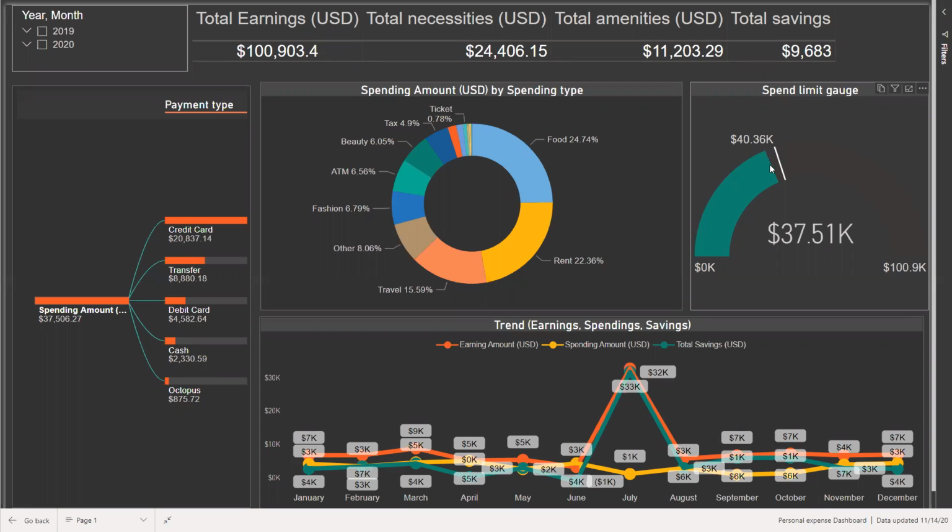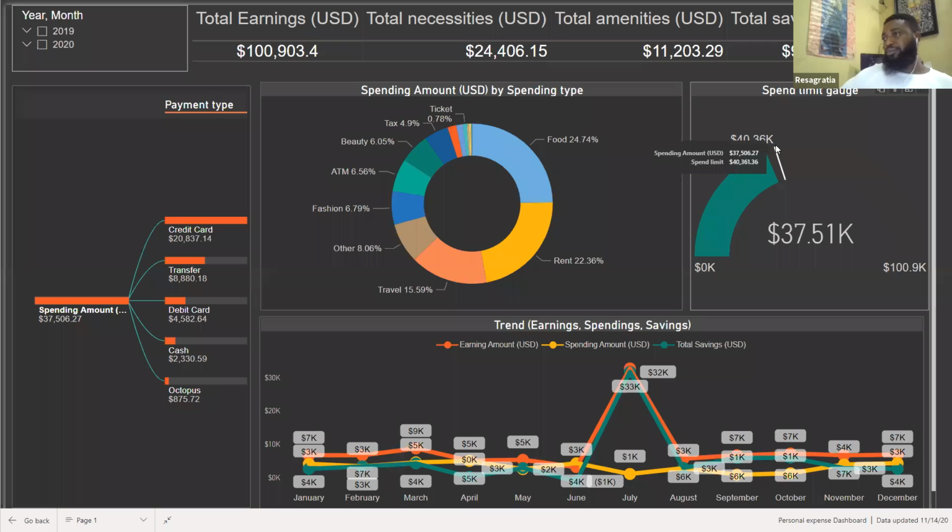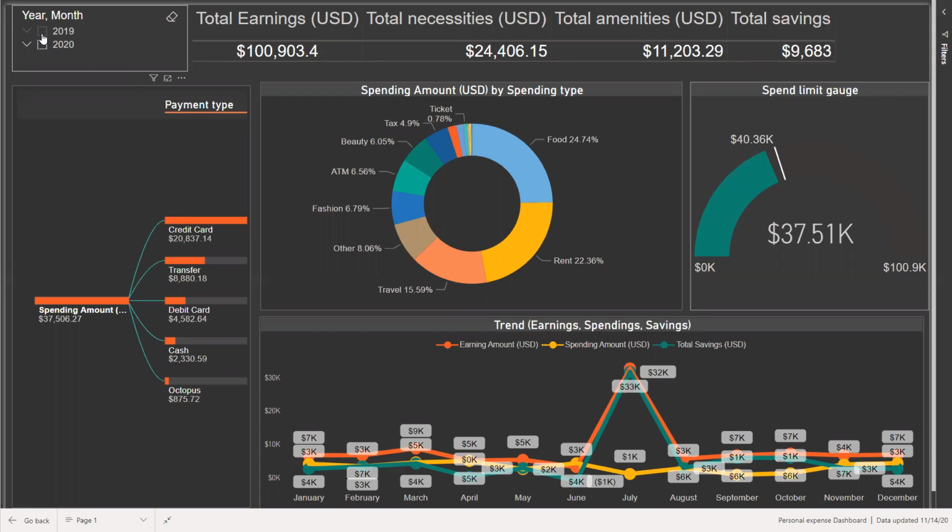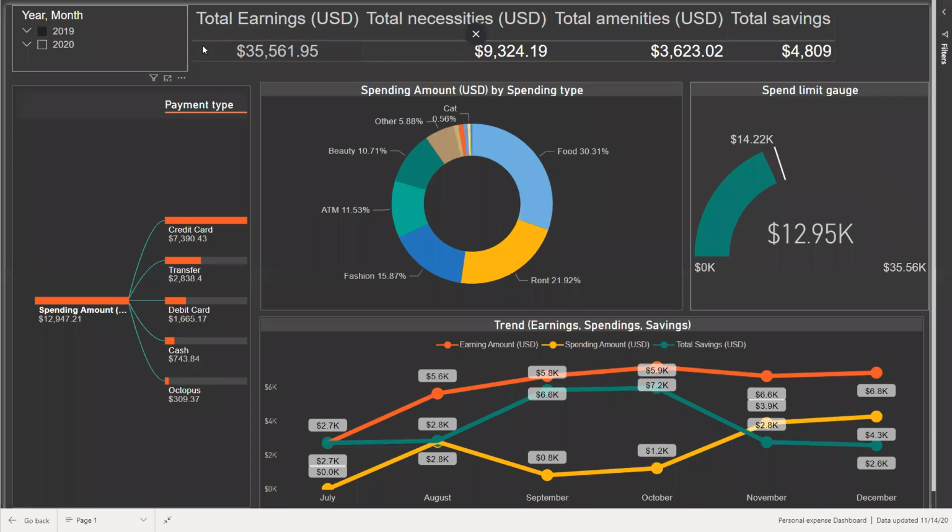Now I've spent a total of 37.51, so I'm very close, but I'm within my spending limit, so I'm fine. Now, if I come on this filter here, 2019, just to see what happened in the previous year, it was still close.